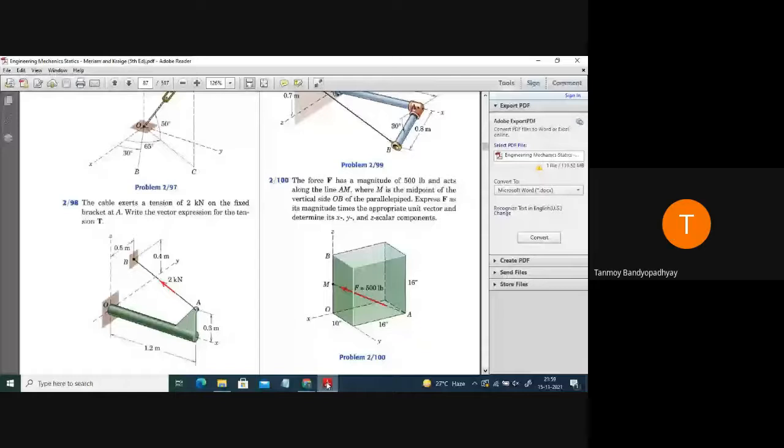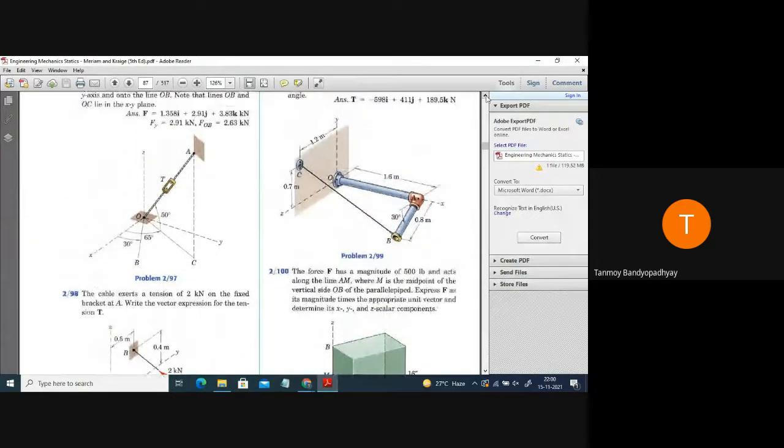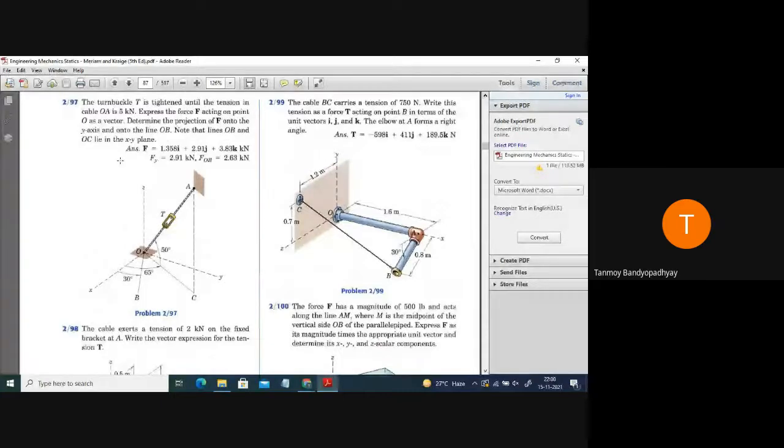So you want to do it directly from T? No, sir. In here, what you have done is you have first broken the force into components. So you have to first find out the force vector, I mean the T vector. So unless you find out this T vector, how can you do that?